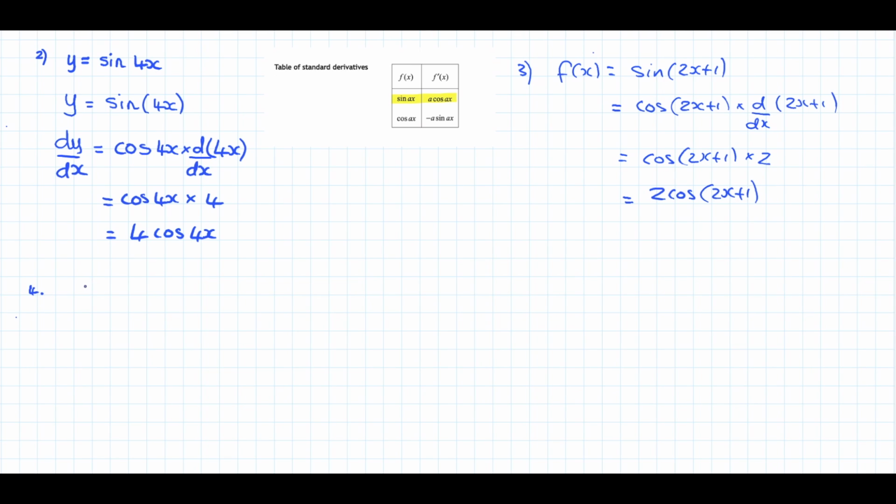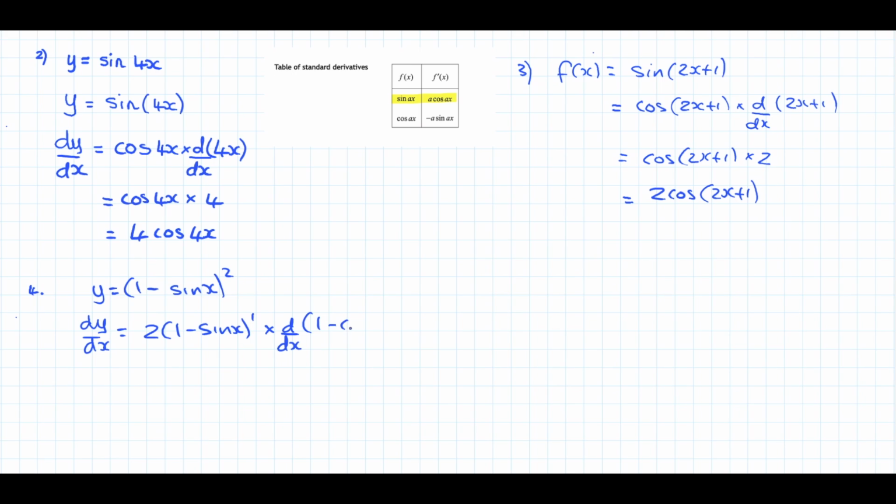So if we were given y equals 1 minus sine x squared, then again, chain rule, so we're going to differentiate the outer function, and that would be 2 times 1 minus sine x to the power of 1, and then we would differentiate what was inside the bracket.